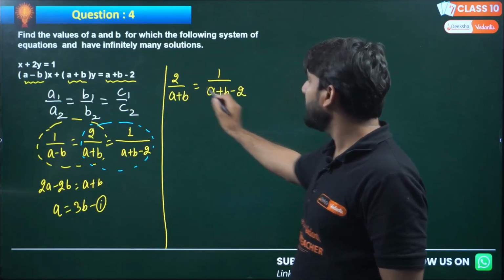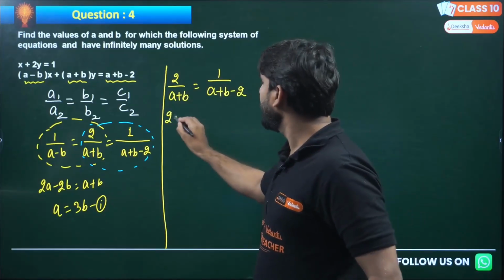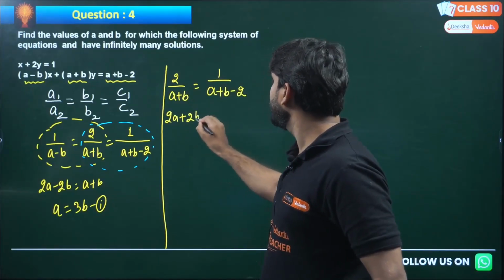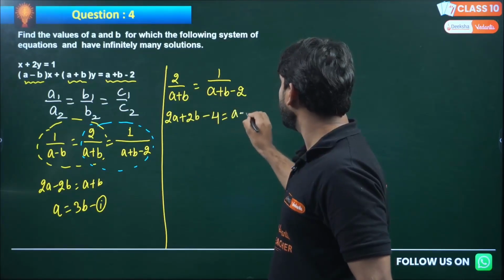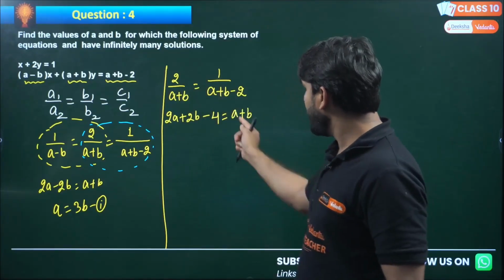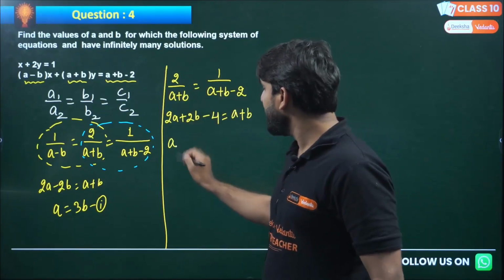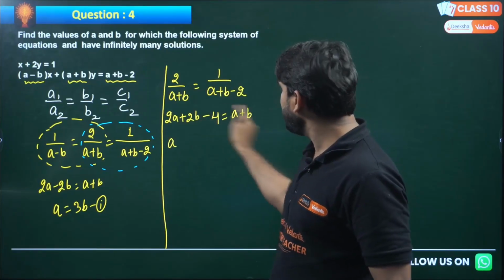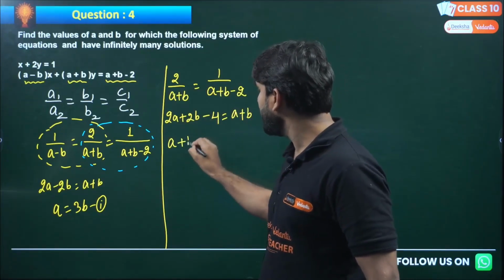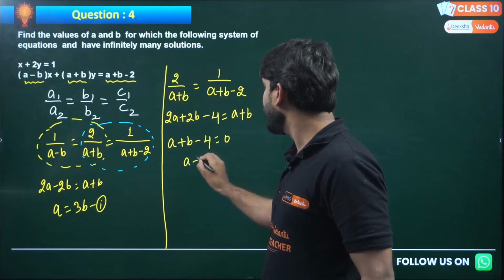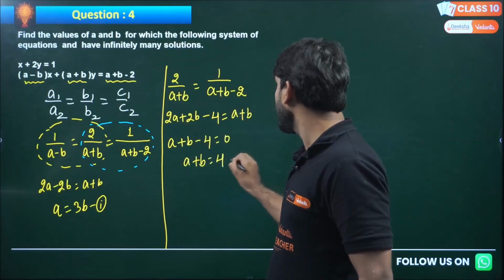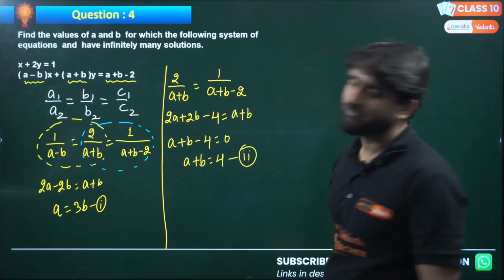So 2a plus 2b minus 4, and a plus b into 1 will be a plus b. Now a will come this side, so this will become a, and b will also come this side, so this will become 2b minus b, and minus 4 is already there, equal to 0. So a plus b is equal to 4. This is equation number 2.